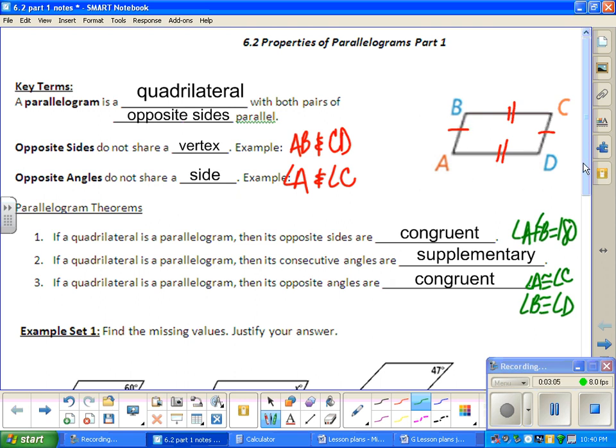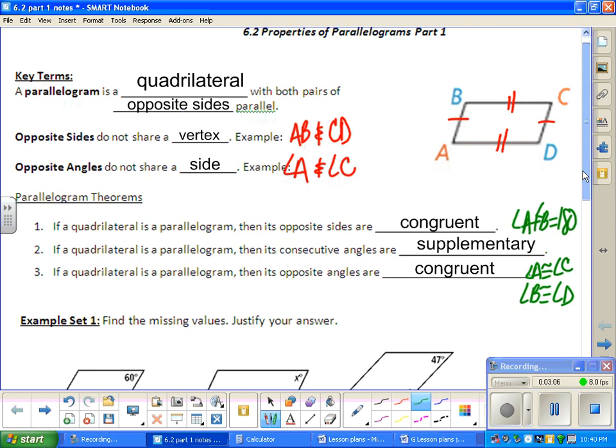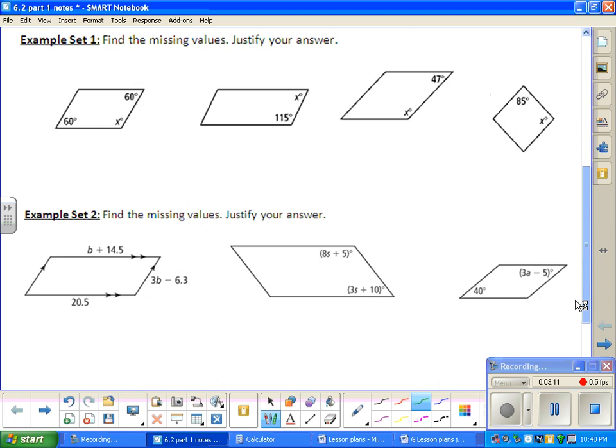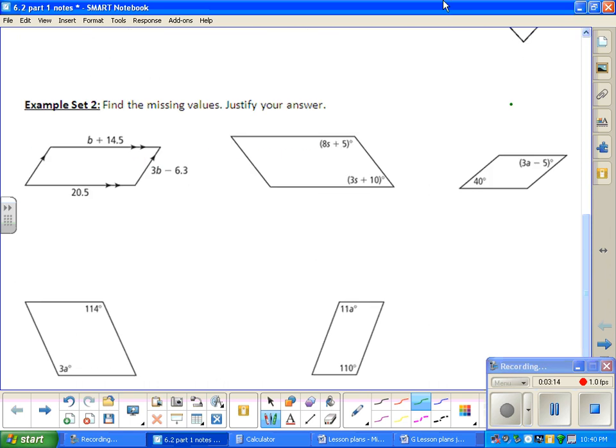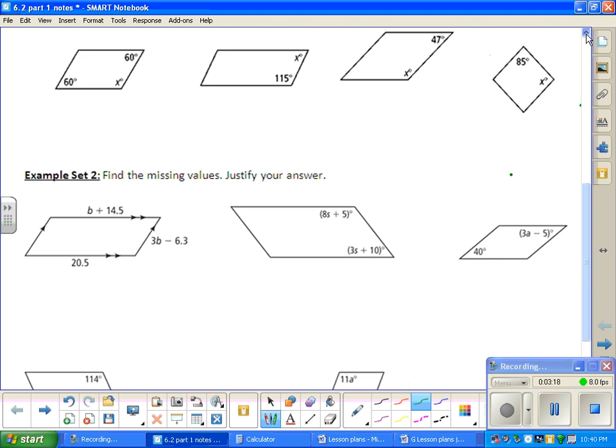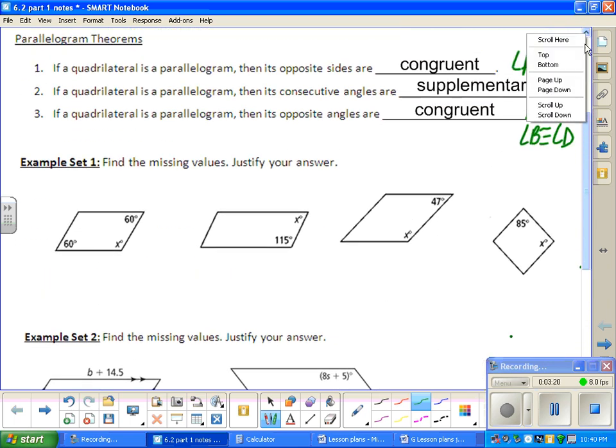Okay, so using that information, let's look at example set 1: find the missing value, justify your answer. We'll leave those 3 theorems up so we can see them.